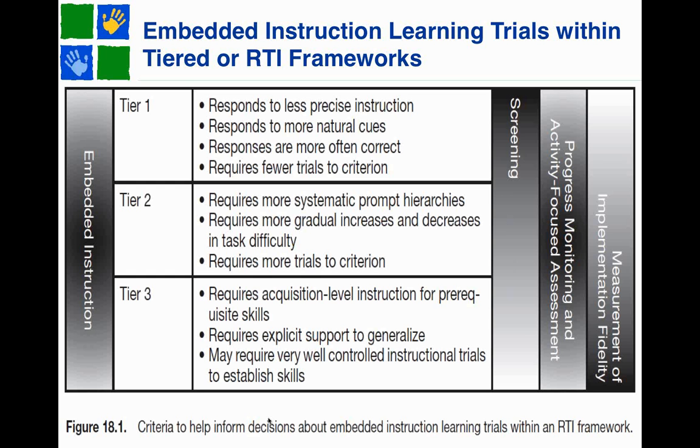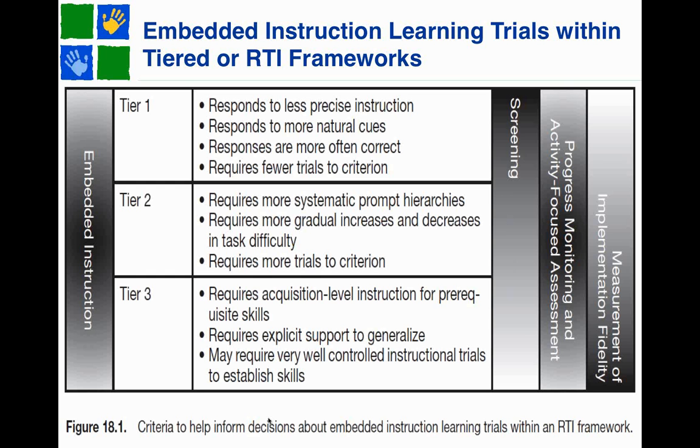And when embedded instruction is implemented at Tier 1, we know that it usually is a learning target that requires fewer trials for children to reach the criteria specified on their learning target, and that the child's responses to the logically occurring antecedents and consequences would more often be correct, like in the example we saw with the child counting to 10 during the art activity that children were engaged in.